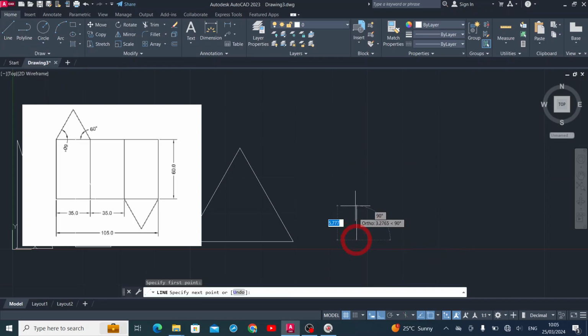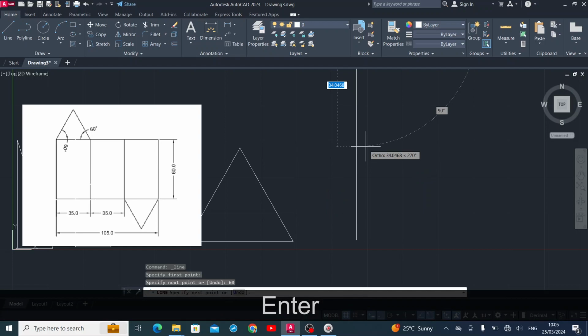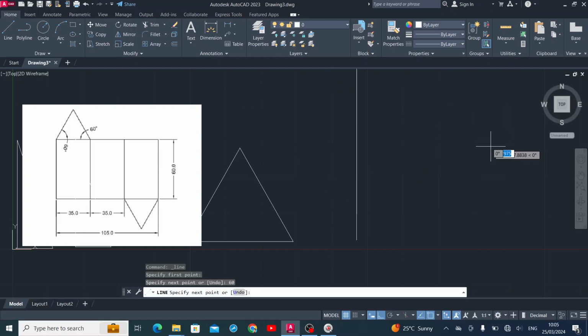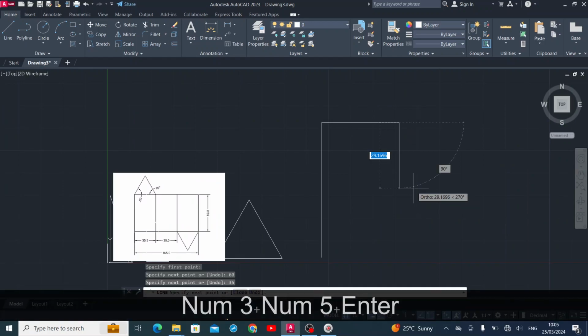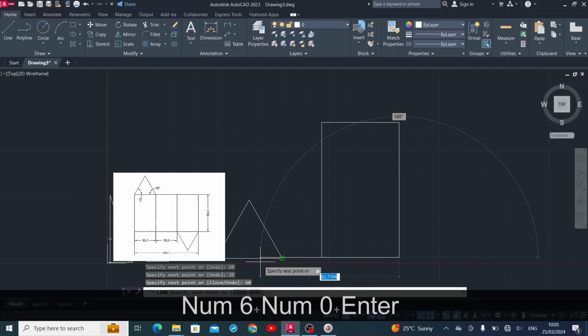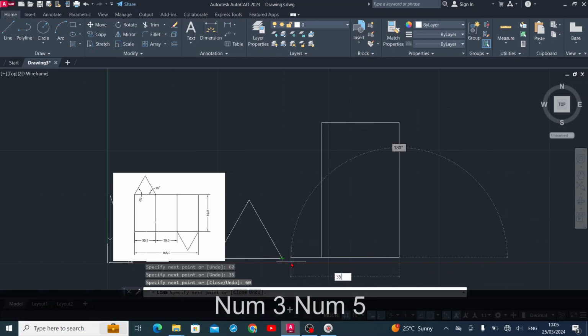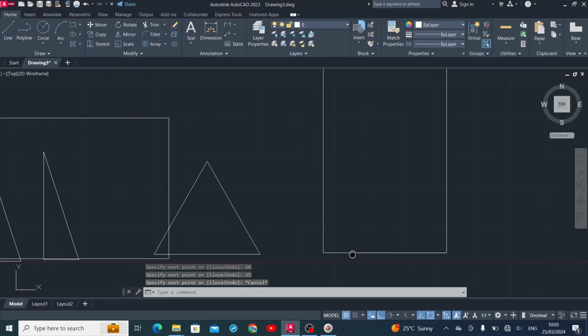I will take a line. Since the ortho mode is on, we can easily draw this. The height it is telling us is 60. Enter. And horizontal line, it is 35. So 35. Enter. Again drop down 60. Enter. Again 35. Enter. Escape to come out of that.